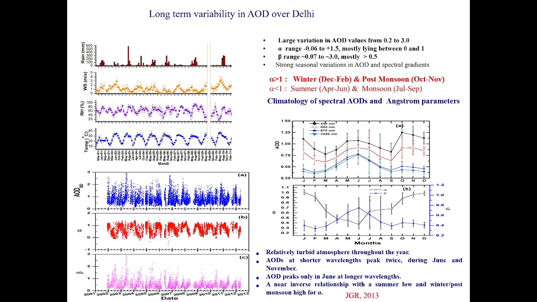The rice husk is burnt in the fields, and because of that the aerosols in the atmosphere increase. Also, during this period a lot of crackers are burnt in October, so you can see a signature of high aerosol load in the atmosphere during the month of October.